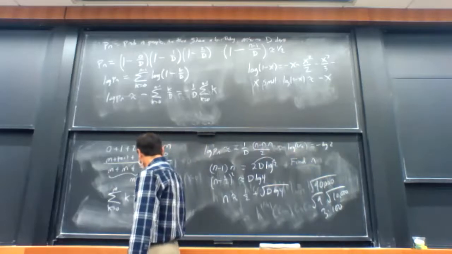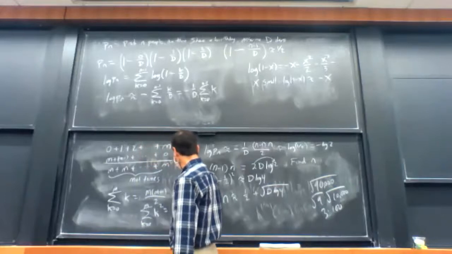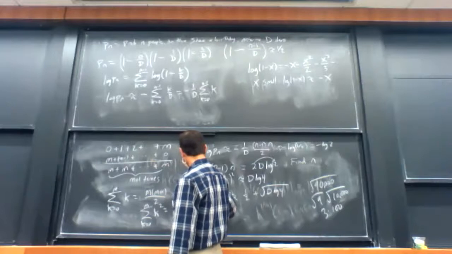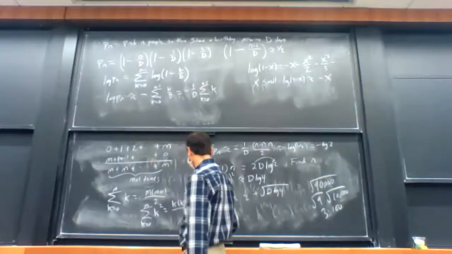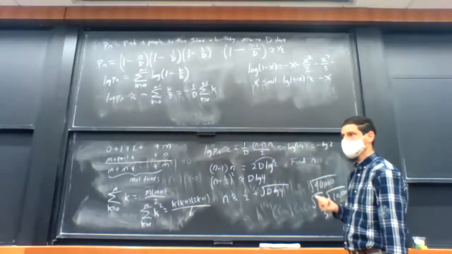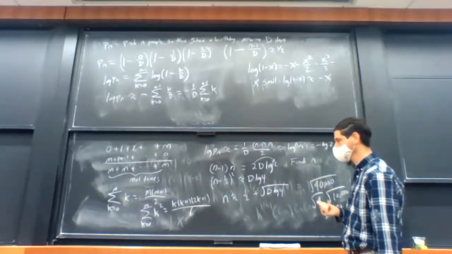The sum k goes from 0 to n of k squared is n times n plus 1 times 2n plus 1 over 6. And as a quick check, if n equals 3, 1 squared plus 2 squared plus 3 squared, 1, 5, 14.